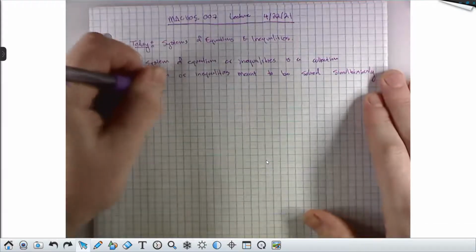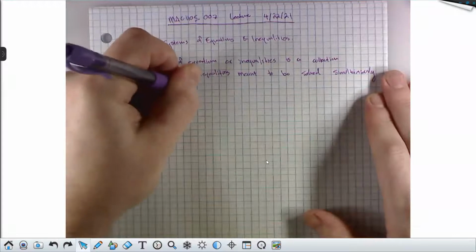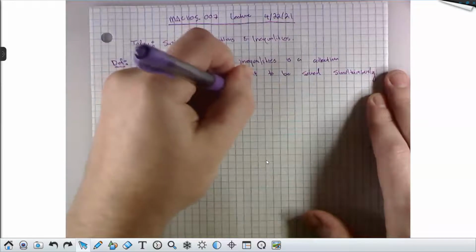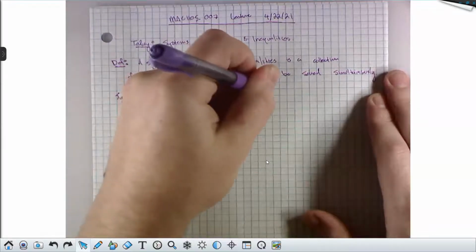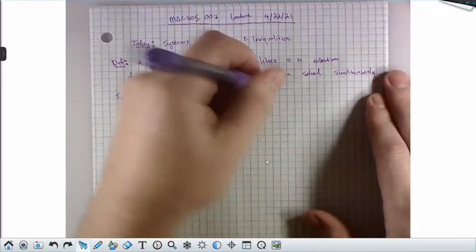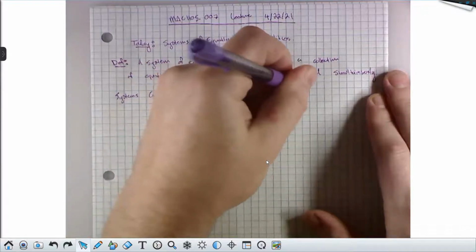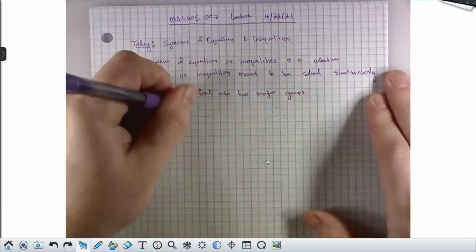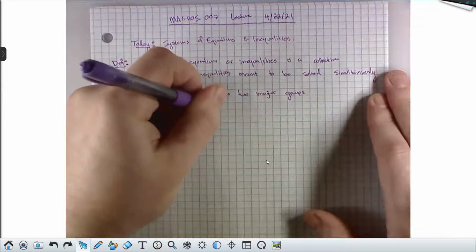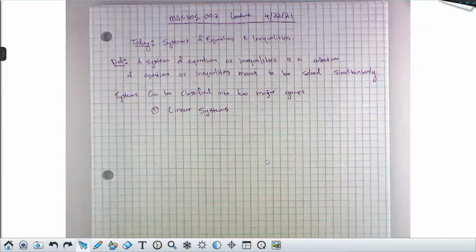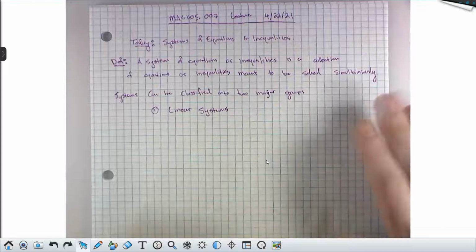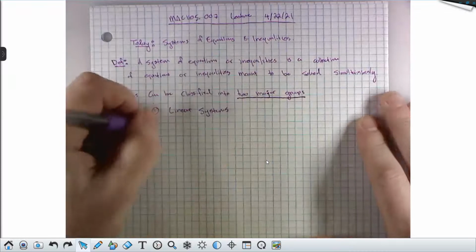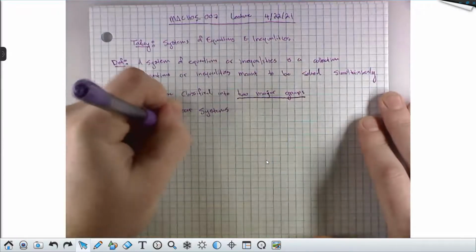But they can be classified into 2 major groups. The first is linear systems. And this goes for systems of equations and systems of inequalities. Both can be classified into these two groups, the first of which is linear, and the second is nonlinear.